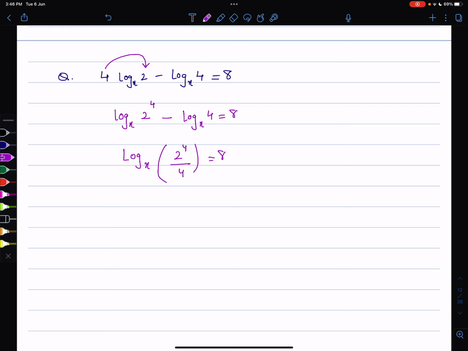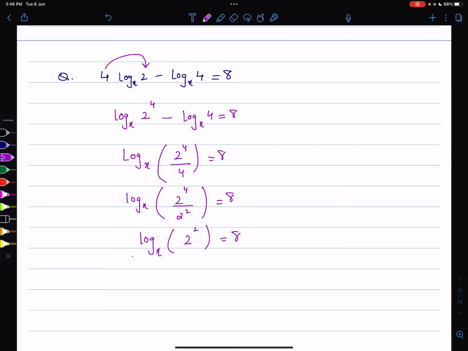Now 4 is basically 2 squared. So using the rules of indices, we can simplify this further down, which is going to be log to the base x of 2 to the power of 2. So log to the base x of 2 squared is equal to 2.